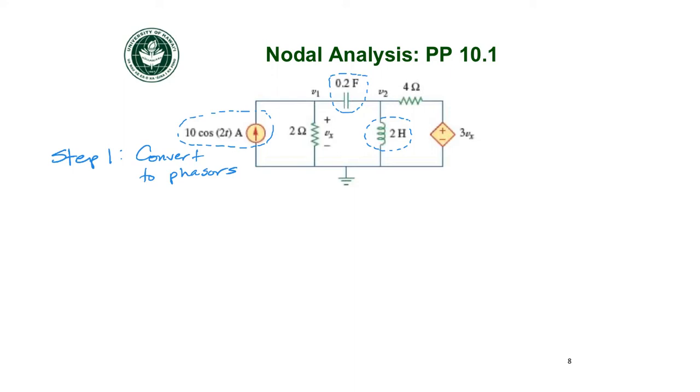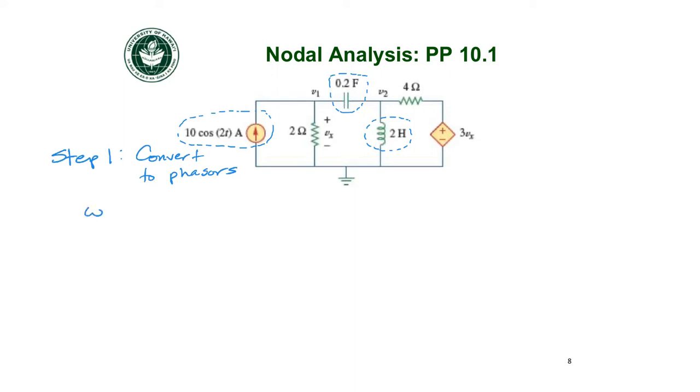Okay, so let's start with our current source, because that's setting the frequency of the AC signal throughout this circuit. So it's cosine of 2t.